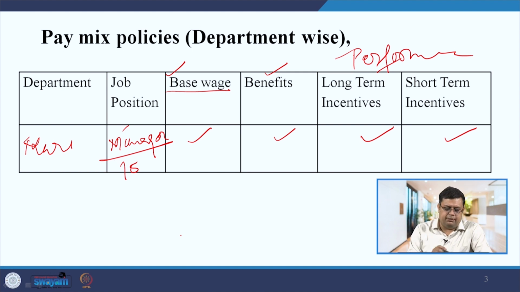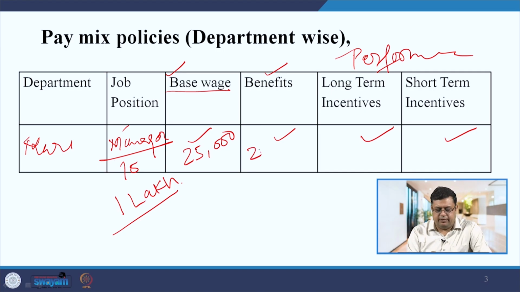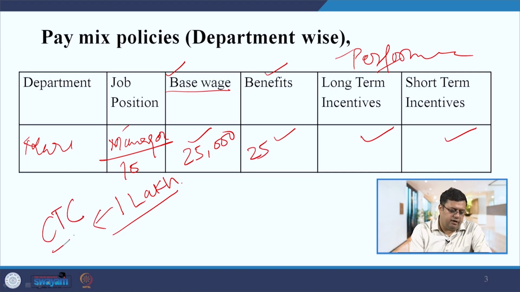For example, let us assume your salary is 1 lakh rupees per month.